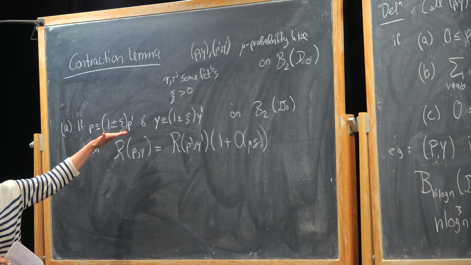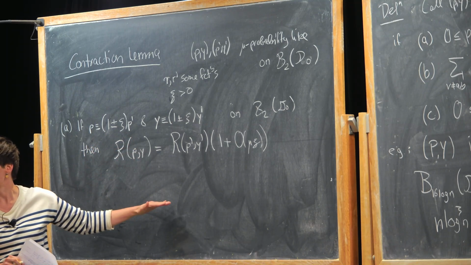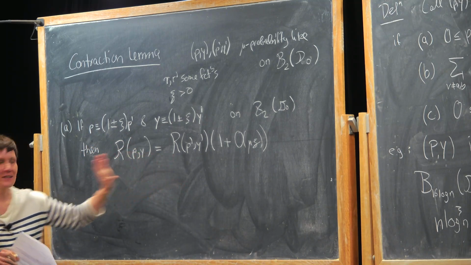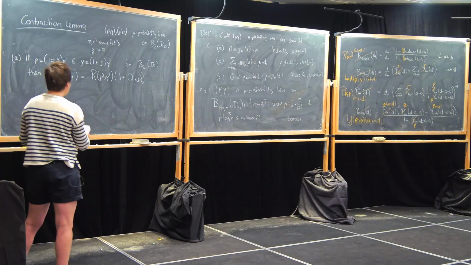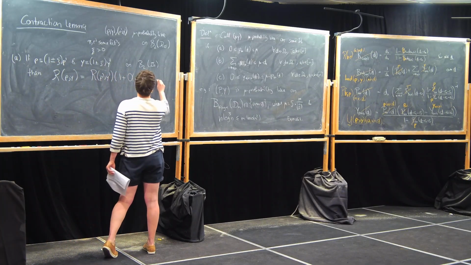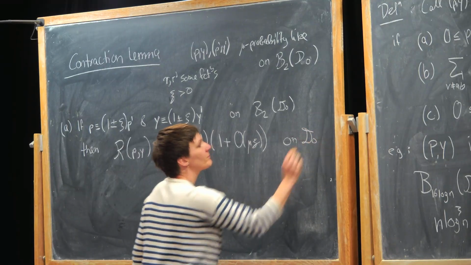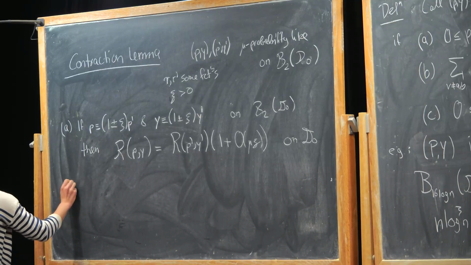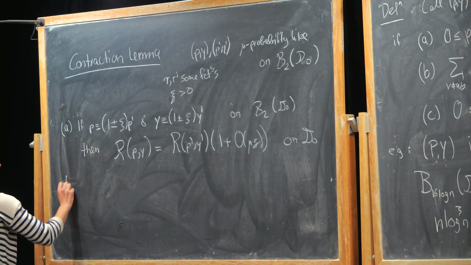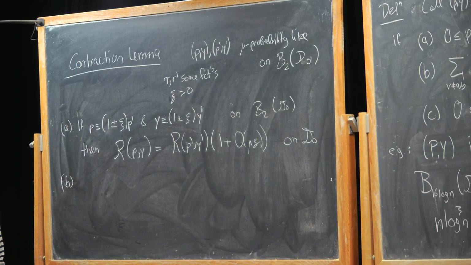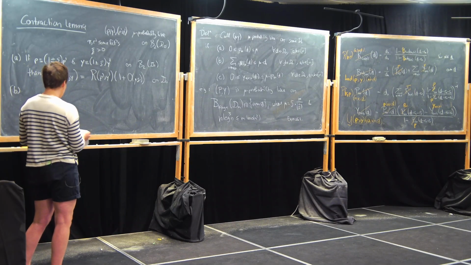I will argue for why one of these should be true and the other one is an exercise. This is on d0, say, and similar things you prove for the other two, for the probability and the Y operator.